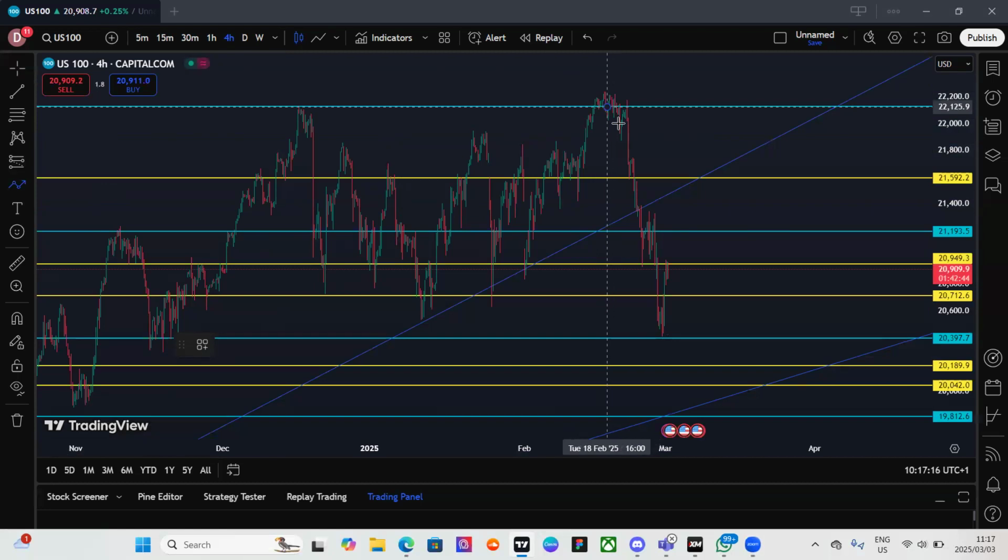As you can see from here, price came through here, retested along the same weekly resistance, and then pushed down to come back and touch this resistance. And now we are currently retracing along this area here, which is around 20,940.